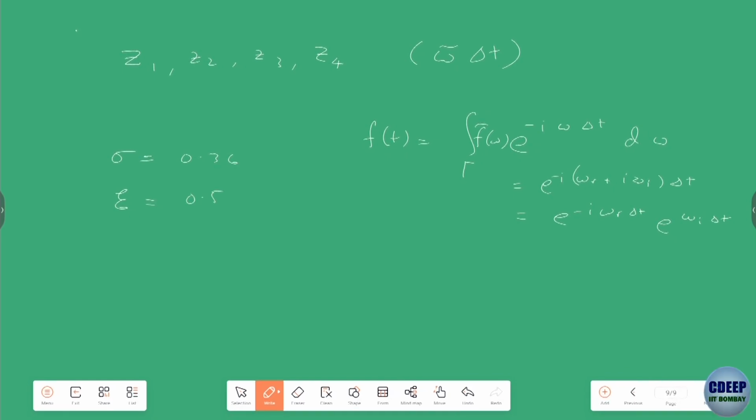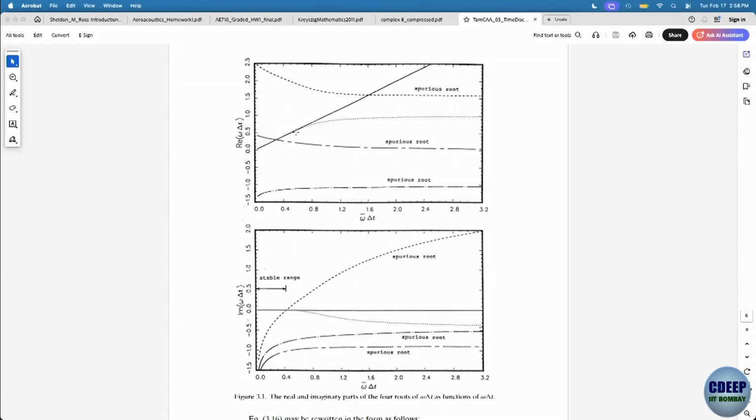So you wanted, or he chose to look at the 0.5 range, so that is right here, and the scheme seems to be doing well here also. So in that sense, he's doing a good job. So over that 0.5 range, his imaginary part is also close to 0, and the real part is also close to the truth.